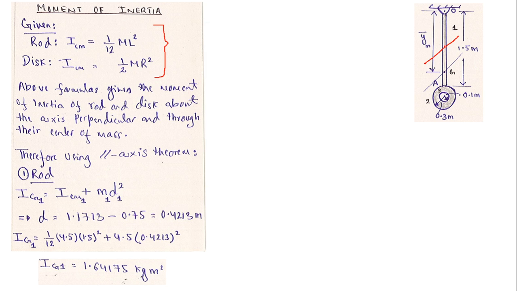It was at 0.75 meters measured from point O. So about its own centroid or center of mass, the moment of inertia of the cylinder rod is 1 by 12 ml square, where m is the mass of the rod, and this L is, not the distance measured from point O, but the length of the rod, the entire length of the rod, which is 1.5 meters.